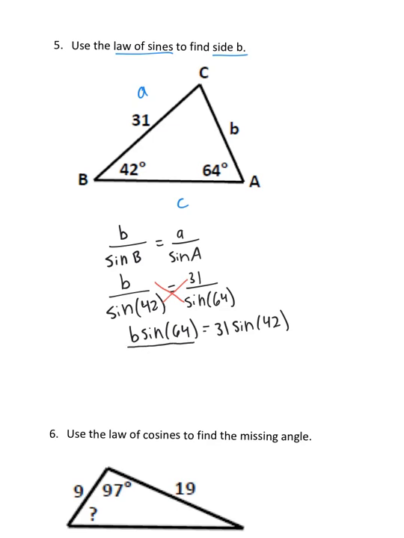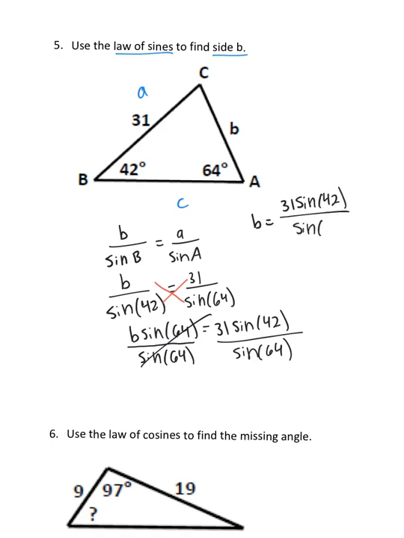So to undo that, I'm going to divide both sides by the sine of 64. So these cancel. So what you're typing into your calculator is this. And you should get about 23.079.